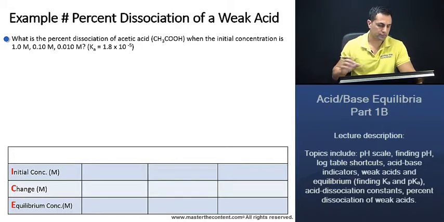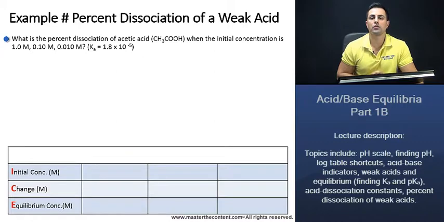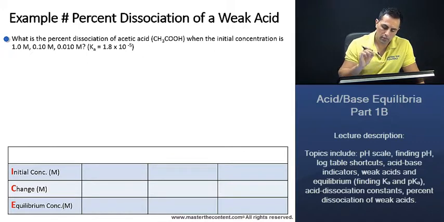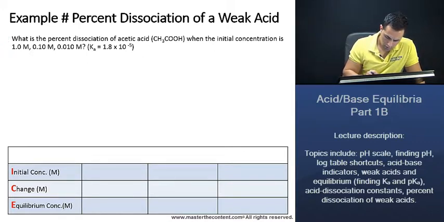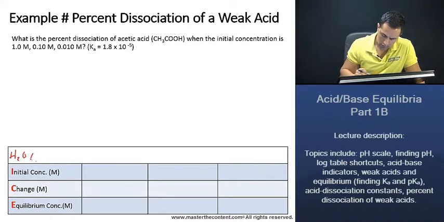Okay, great. So the first thing that we're going to do, what we've always been doing here, is write down the balanced equation for our dissociation equilibrium. And this time I'll also just show the water, but I'll just put it on the side here, just so we see it.